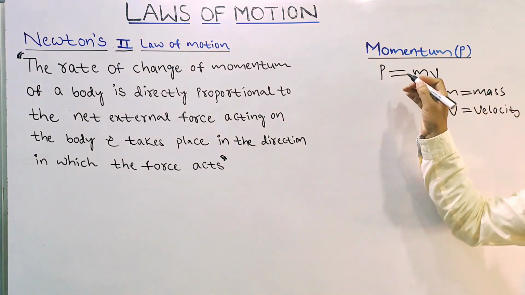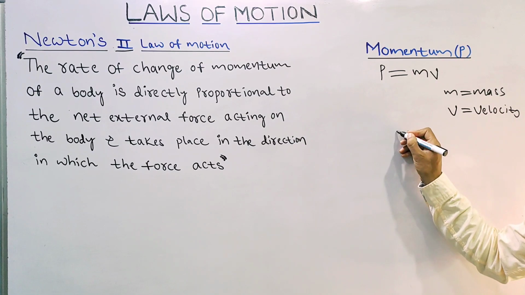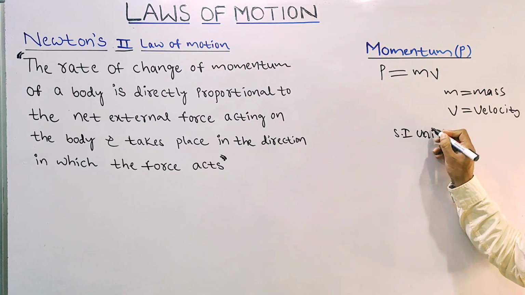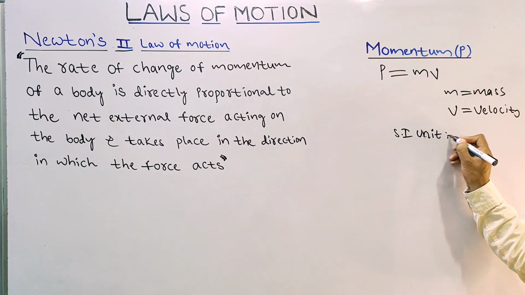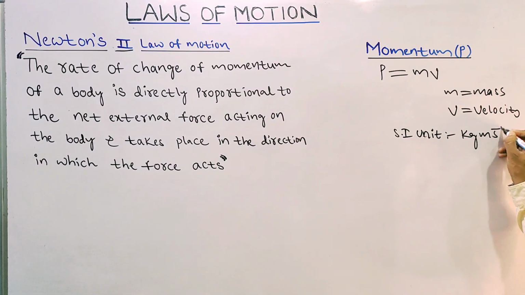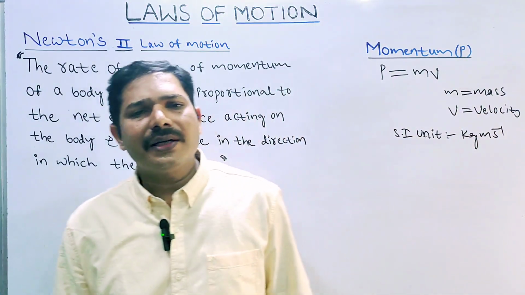What is the SI unit of momentum? The mass unit is kg and the velocity unit is meter per second, so the unit is kg meter per second.